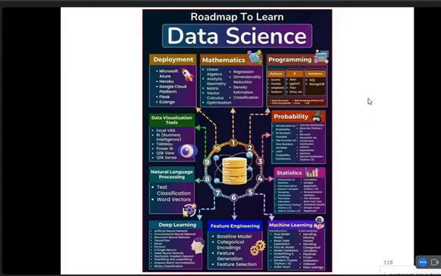Random forest is a popular algorithm, the best algorithm in classification. In Python and R we are using scikit-learn, which is a library.